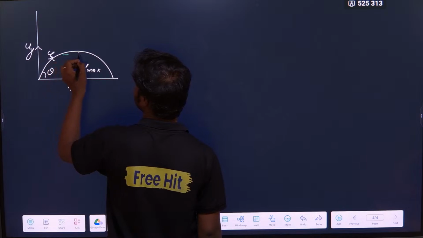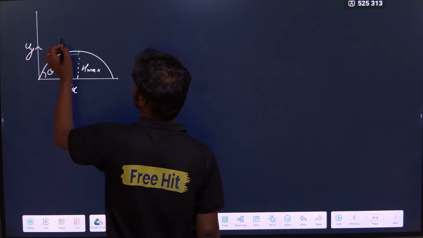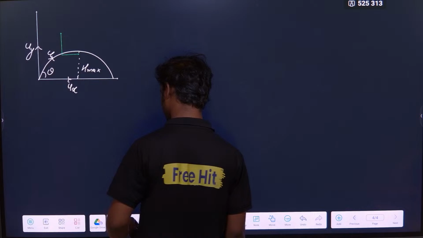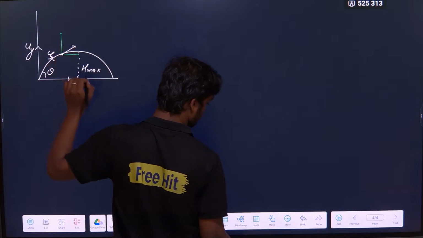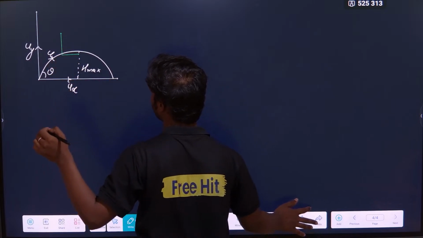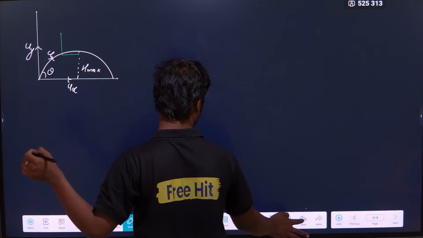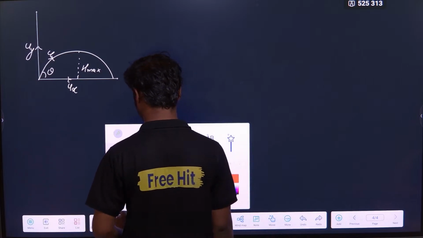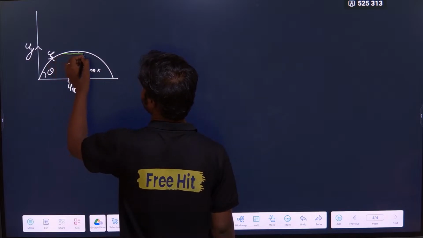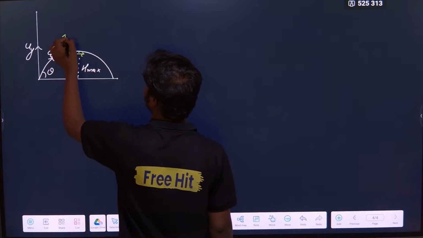Now let us think, at this point we again have two velocities, correct? At this point also we have two velocities, correct or not? The net velocity will be in this direction, but we will have two velocities, that is for sure. One will be in the horizontal direction and one in the vertical direction.